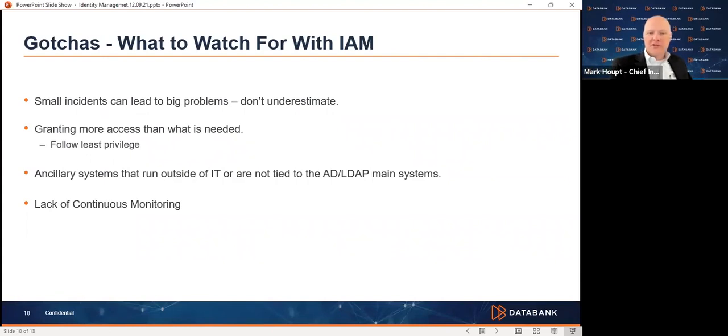And those are the types of systems where the group policies are not applied evenly. Those are the types of systems where you can find that too much access has been granted, where stale accounts, terminated accounts, people who have left your organization still have accounts in these types of systems. So watch out for those, because that is where the bad guys are going to get you. The bad guys are going to be out there looking for these types of scenarios in order to attack you.